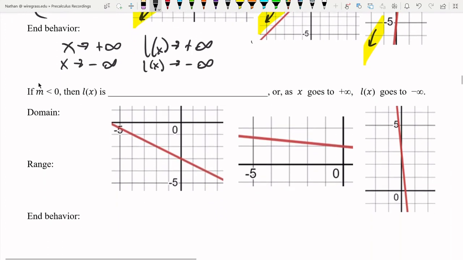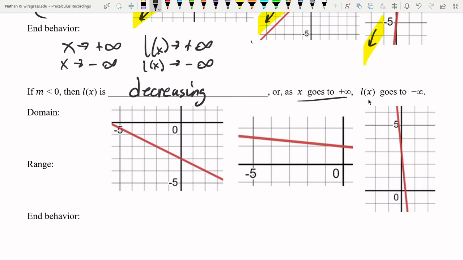So if now m is less than 0, you can see these functions are decreasing. As you go left to right, the function's going downward, and this one's going downward very fast. These are decreasing functions.